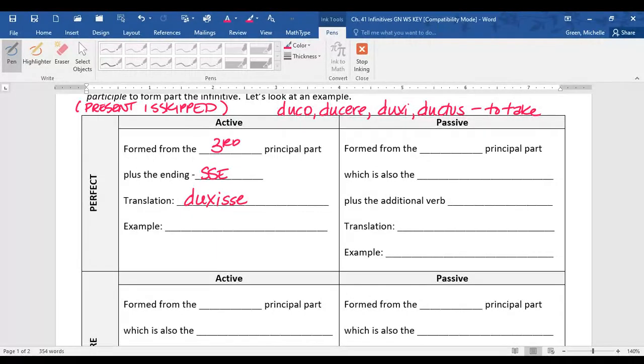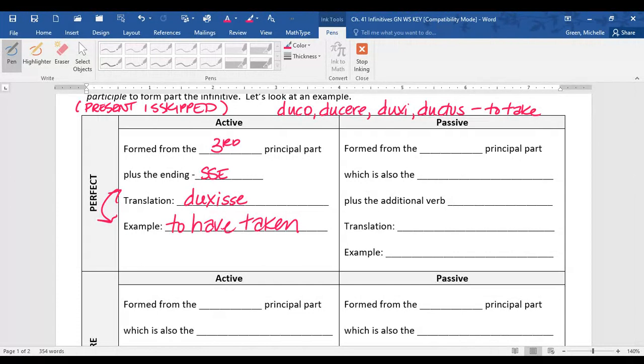So you can think about it either way, going to the third principal part, removing your i and then adding -isse, or simply going to your third principal part and adding -isse, okay? And then the translation for this would be to have taken. Oh, and you can see I accidentally just reversed those two. So put the translation on the example line.